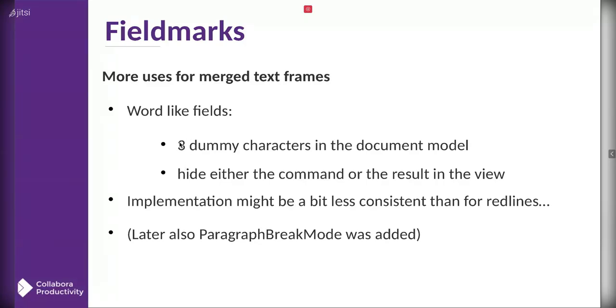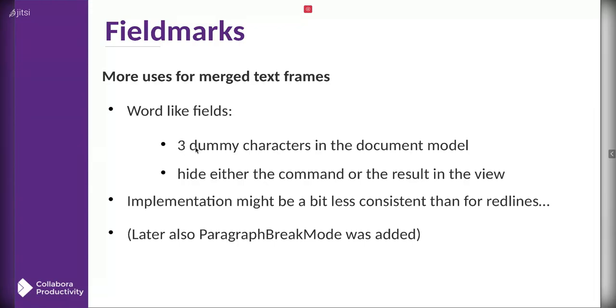And the way it works in Word is that you have a view setting so that either the command of the field is shown in the document view or the result. And now, since a couple of years, we can do the same thing in Writer using the merge paragraph implementation.